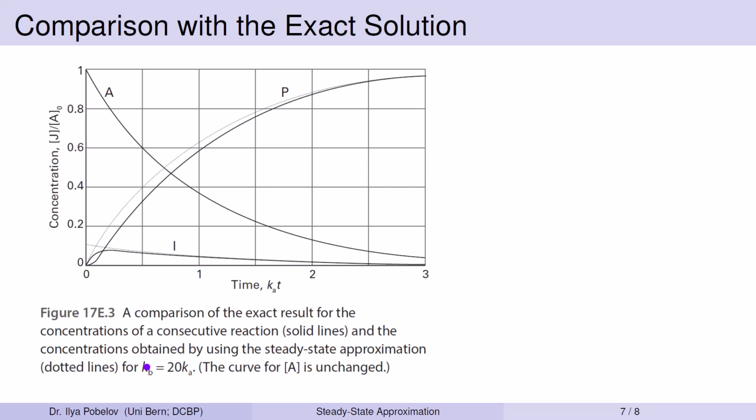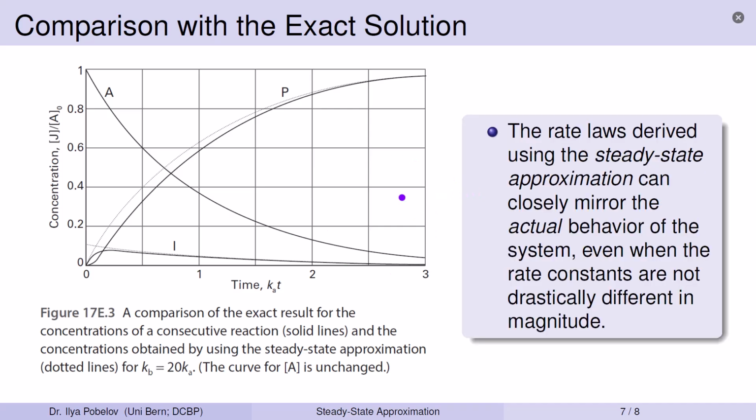Specifically, this is for the case where k2 equals 20 times k1. This comparison effectively demonstrates how the rate law derived using the steady-state approximation can closely mirror the actual behavior of the system, even when the rate constants are not drastically different in magnitude.